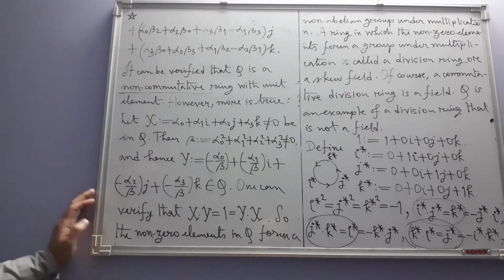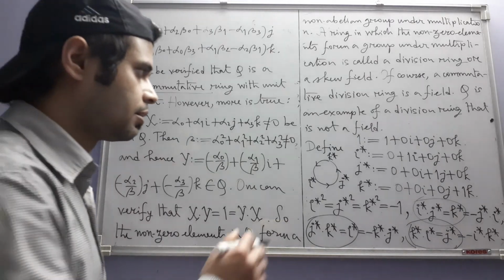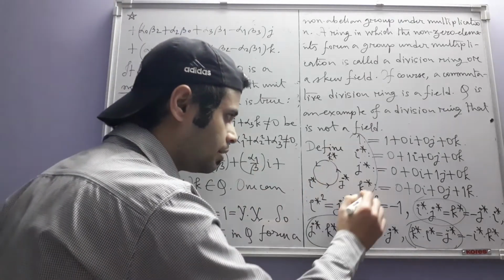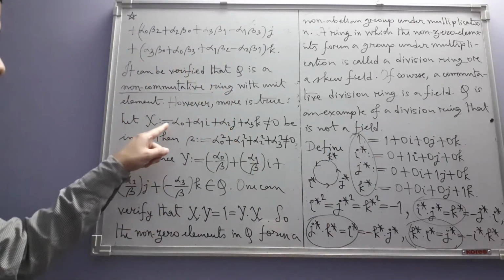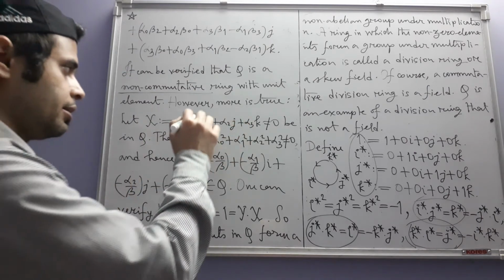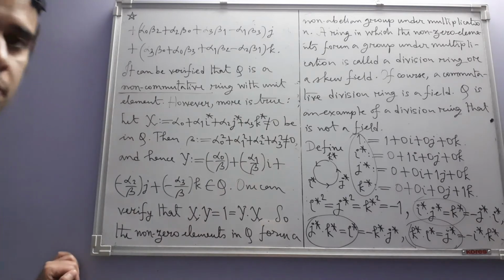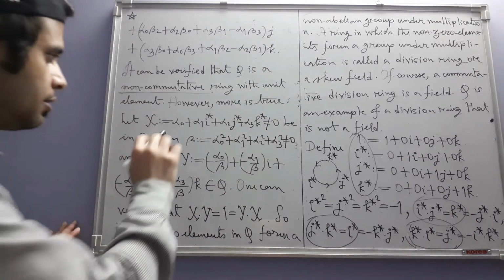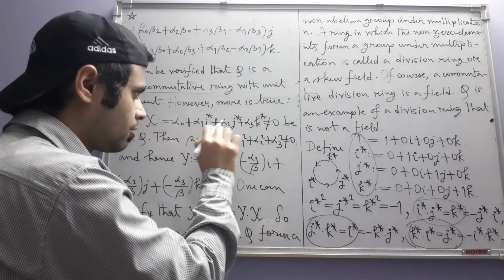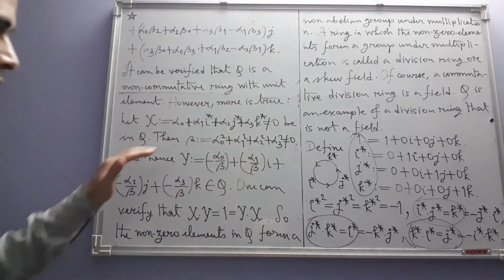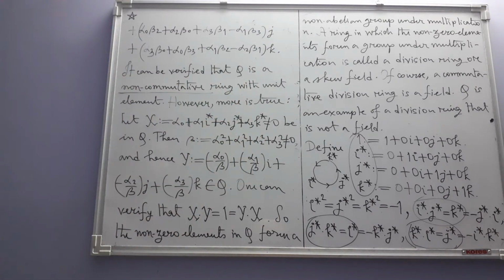Okay, and you can pretty much understand that using these elements, a general element like this can be written like this, where now these additions are not just some symbols, but the actual addition in this ring.